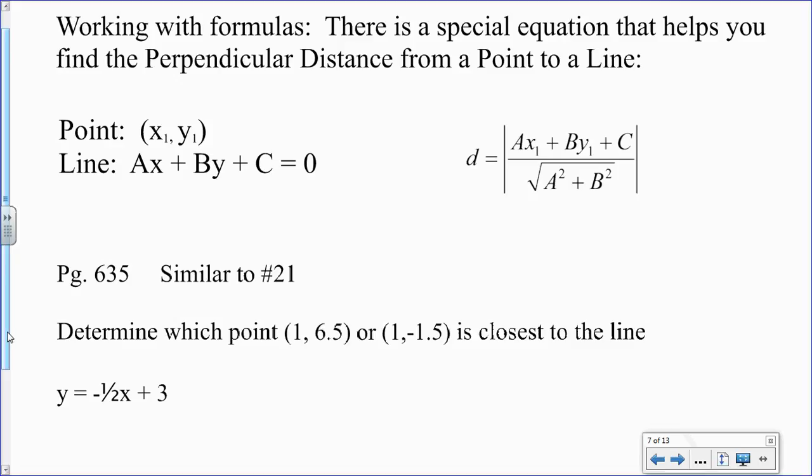I need to move everything to the left and have the right be 0. You will not have to have this formula memorized. If you need it on homework, then you have it in your notes. But if you need it on a test, it would be given to you.